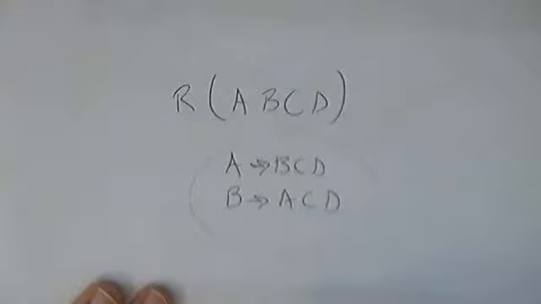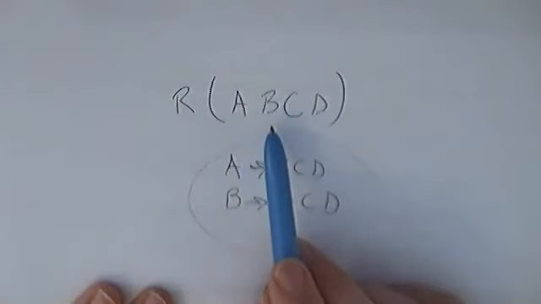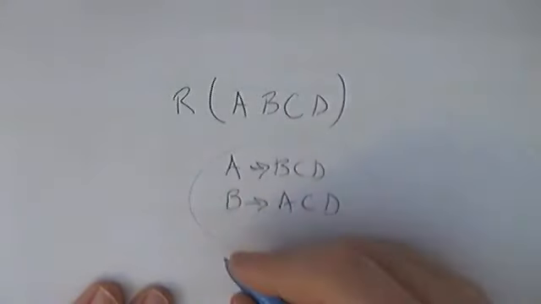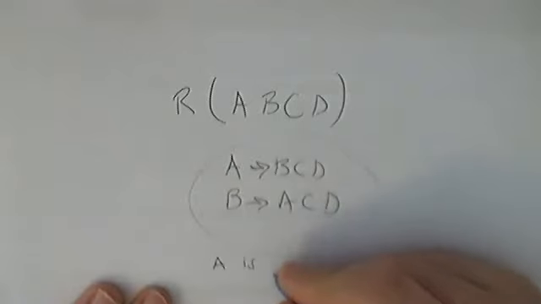So what are the candidate keys? There are two candidate keys to this relation. Yeah, A or B, very good. So when you define this in SQL, how are you going to do it? You're going to pick one of them to be primary. So you might say A is primary and B is unique.